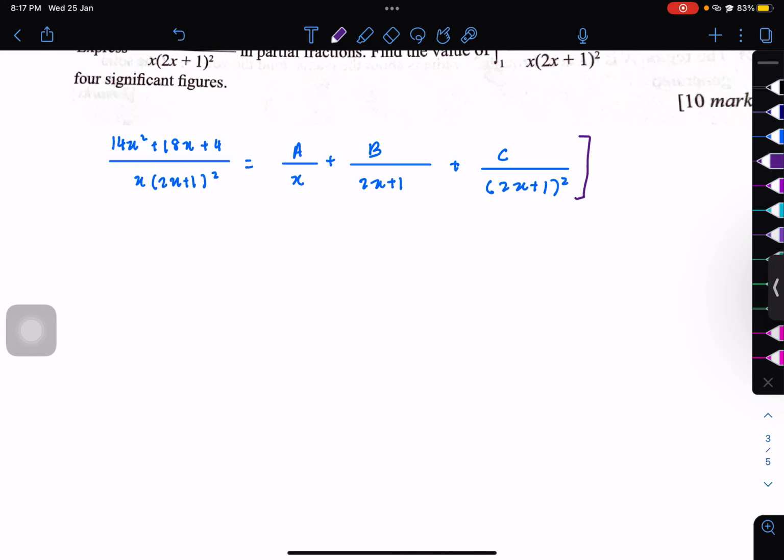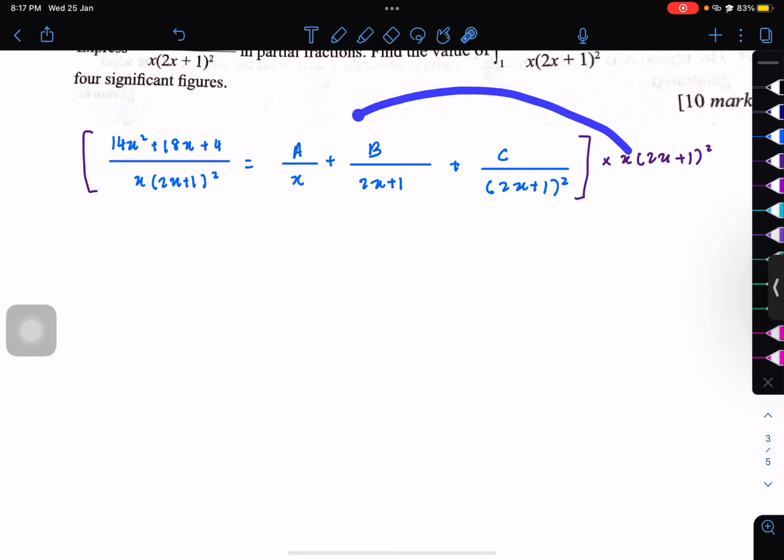So how to find these 3 constants is we must times with this. Kita kena darab yang ni. Kita nak hapuskan dia punya denominator. Okay, jadi bila kita darab x (2x plus 1) squared. Okay, bila kita darabkan dia kepada satu macam ni. Faham tak?